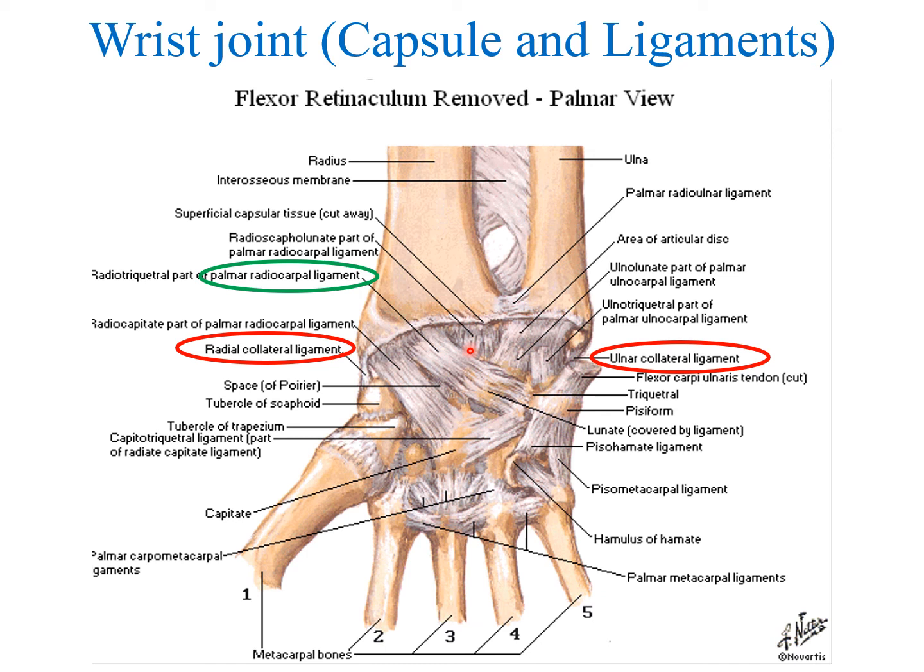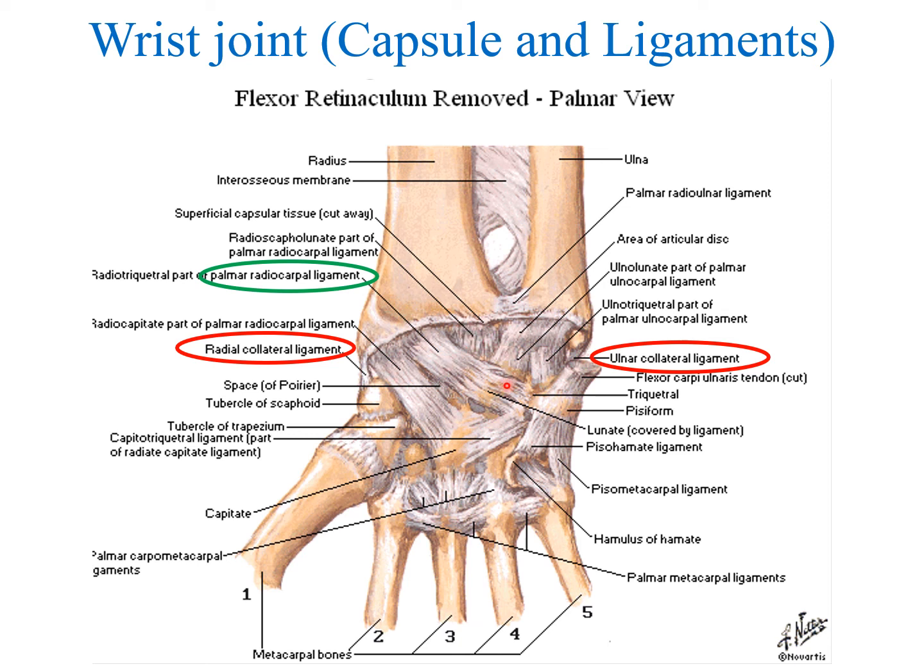radiocarpal ligament. In the same way, you have other parts of the ligament, such as the radiocapitate part of the palmar radiocarpal ligament between the radius and the capitate. And along with that you can see the radioscaphocapitate part of the palmar radiocarpal ligament.